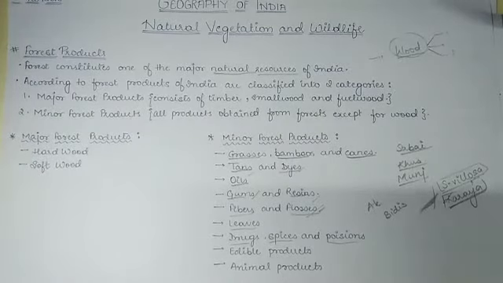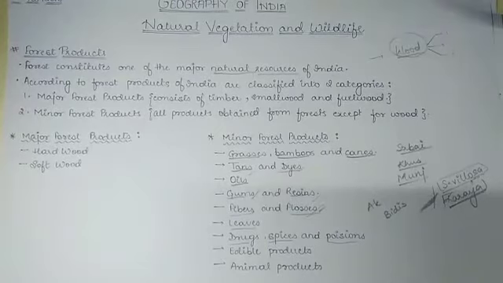Important spices include cinnamon, greater cardamom, badi ilaichi, choti ilaichi, lesser cardamom, etc., which are obtained from forests. They are also grown in the form of plantation crops, as cash crops, but they are also obtained from forests.